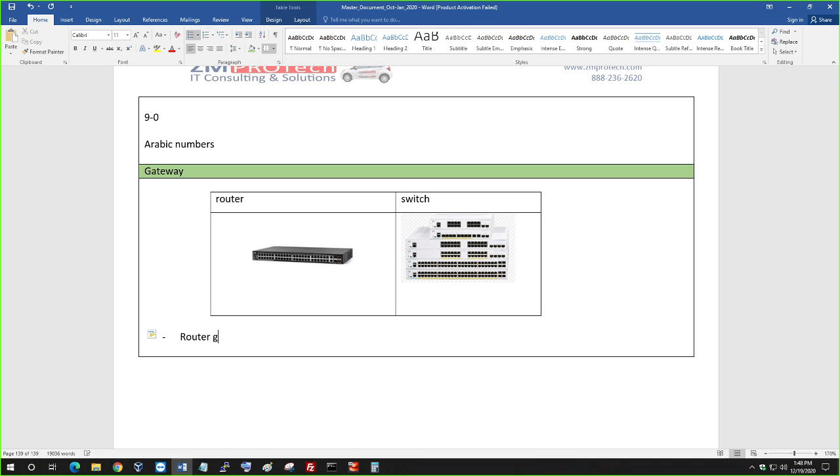Router gives out IP addresses to each device connected.